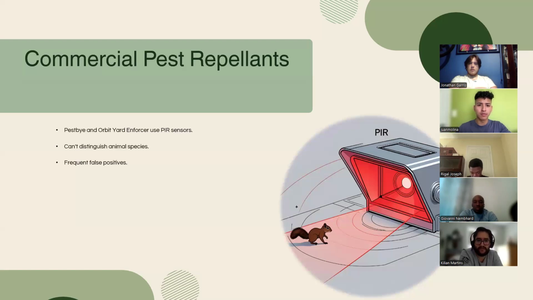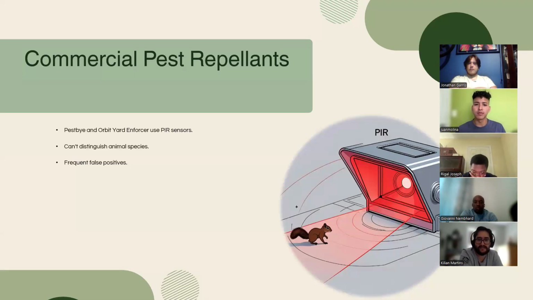Similar to another product called the Orbit Yard Enforcer, it also uses a motion sensor to detect animals, and it uses water to repel animals, similar to a sprinkler system. That tends to work a little bit better, but there are also some issues.